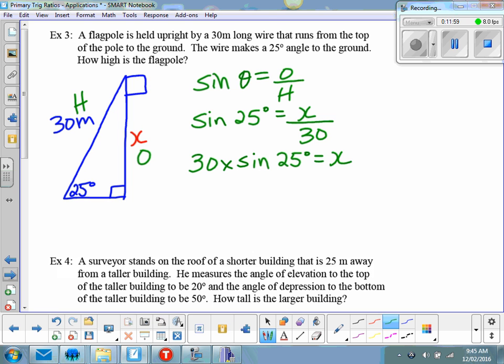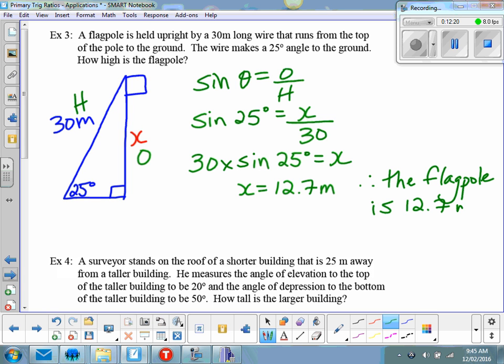And when we multiply those together, we get 12.7 meters as our answer. So the answer to the question, how high is the flagpole? Therefore, the flagpole is 12.7 meters high.